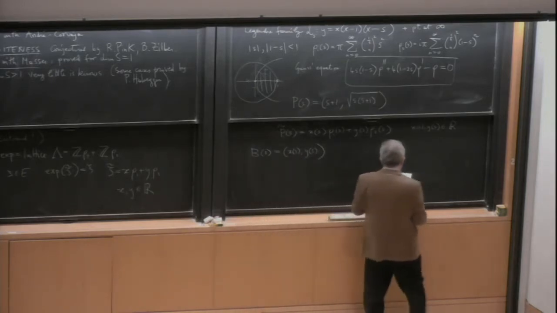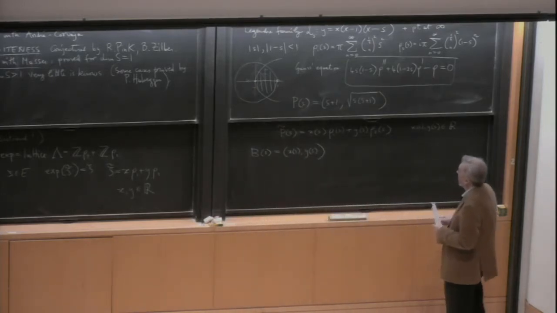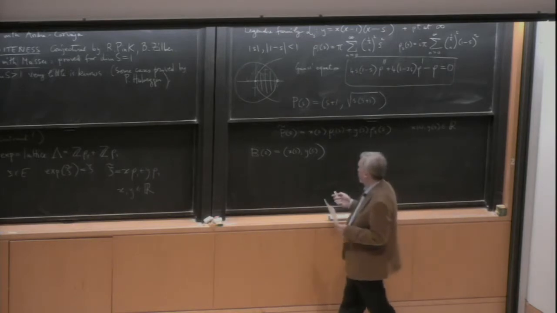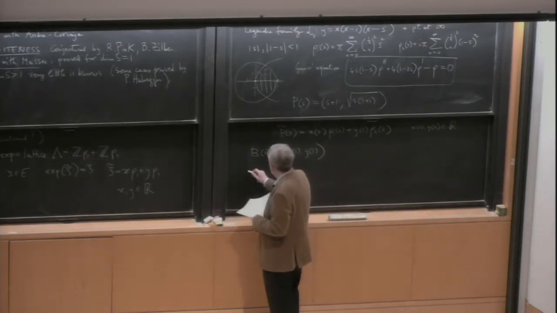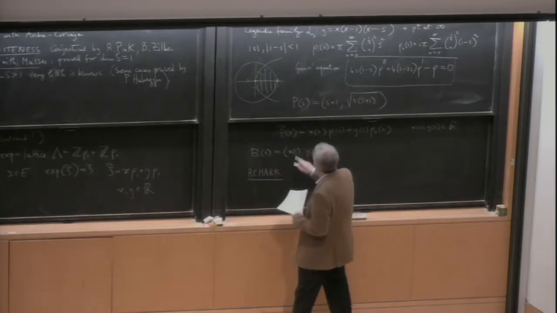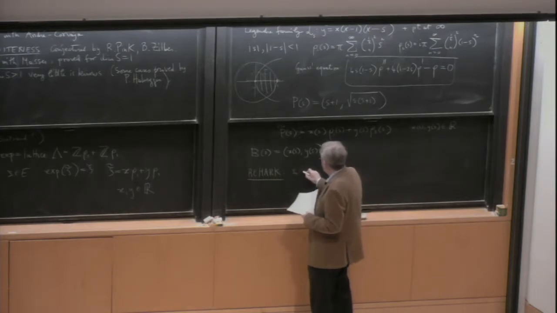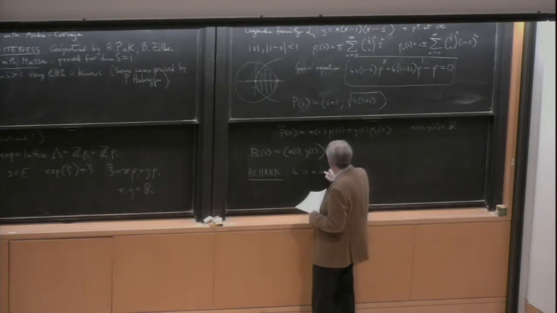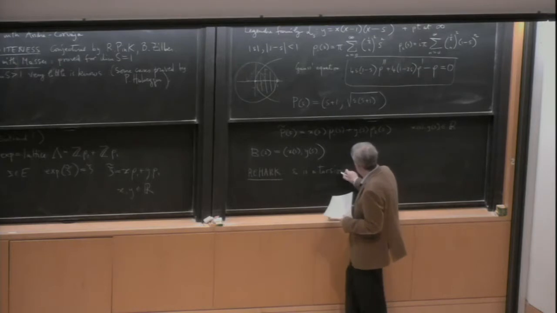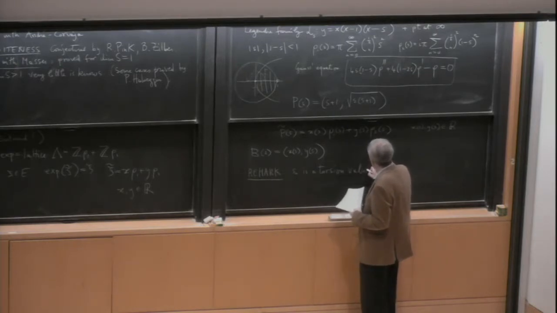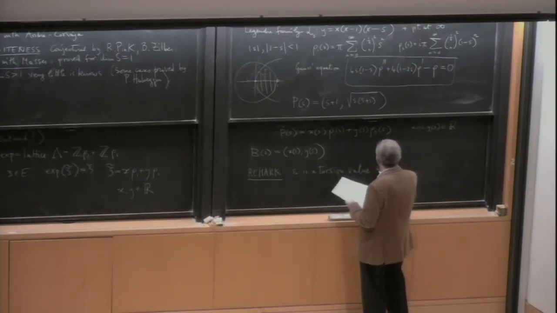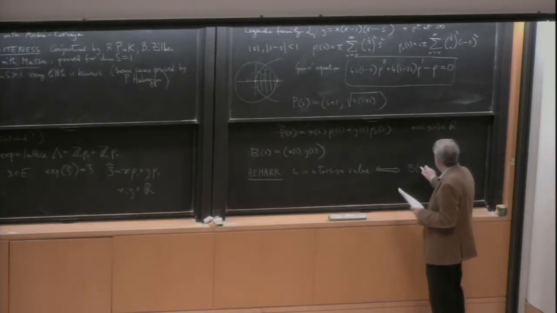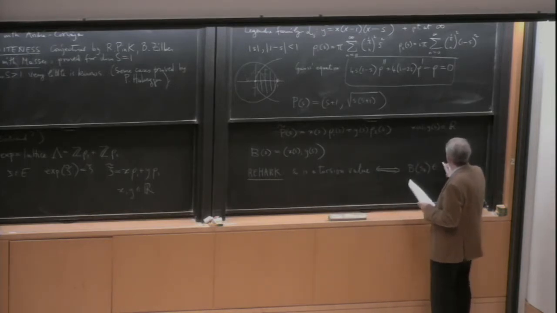And now what is the usefulness? The usefulness comes from the following remark. The point S naught is a torsion value if and only if the Betti map calculated in that point has rational entries.